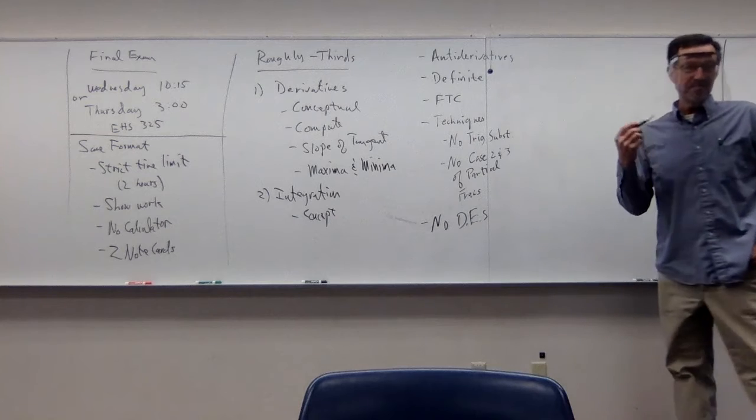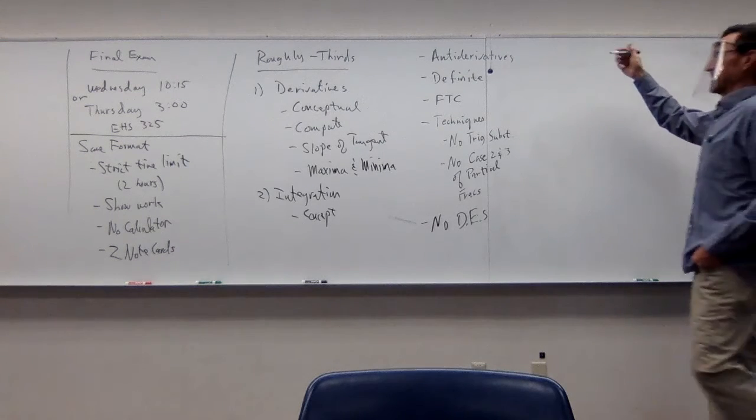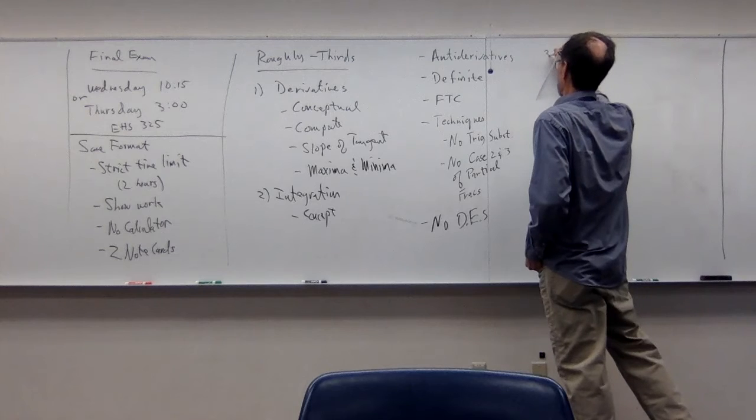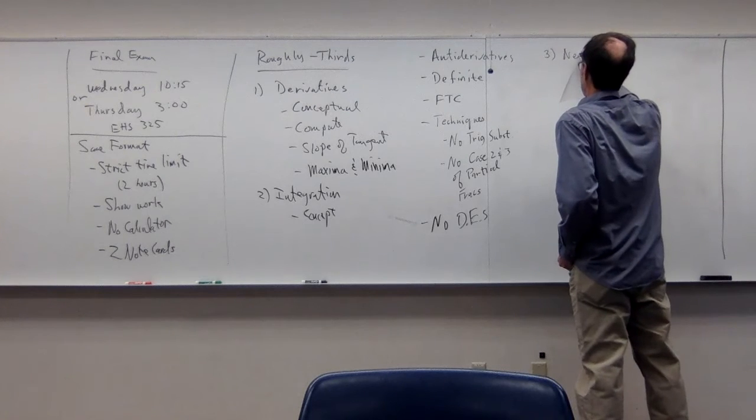Okay, we have some material that doesn't quite fit in the first two categories, that is derivatives and integrals, but it will be part of the first two-thirds. I'm going to list it at the end. First, I'm going to tell you what I'm thinking of as the third, and that is the new material.